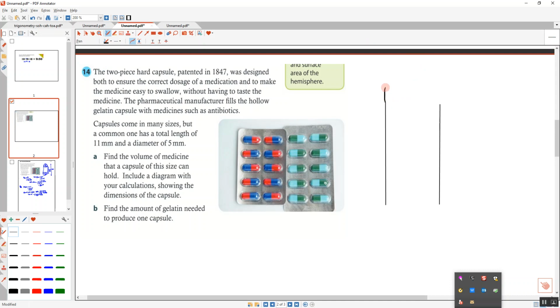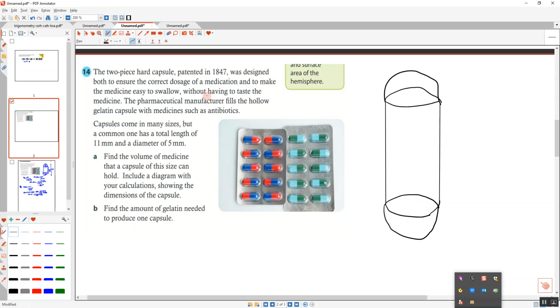This is going to be the bit that's difficult to draw. It kind of goes down and around. So that is half a sphere, and again on this bit we have our half sphere.